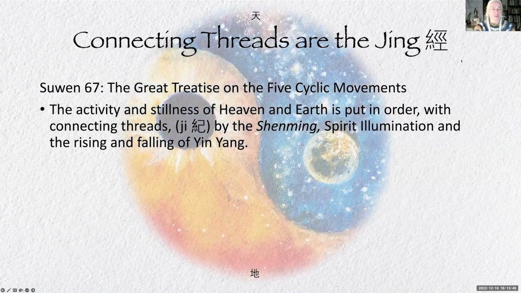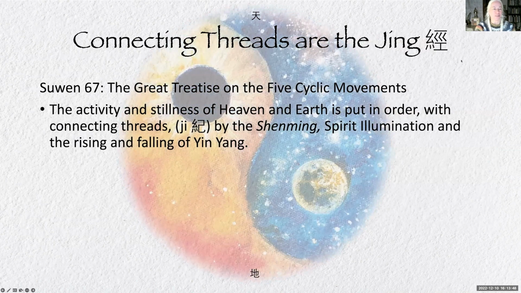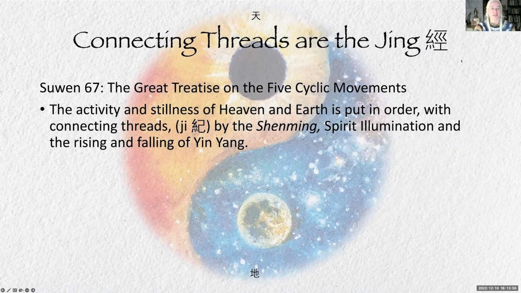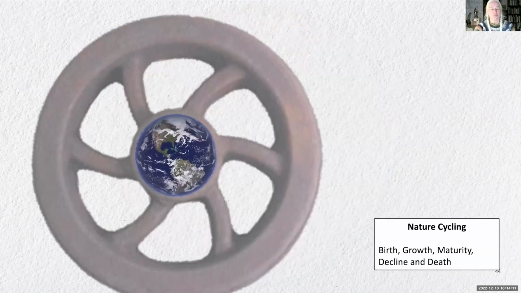So here, the great treatise on the 5 cyclic movements is chapter 67, and it says the activity and stillness of heaven and earth is put in order with connecting threads, these qi, by the Shenming, which is the spirit brightness or the spirit illumination, and the rising and falling of yin yang. So we have this cycling, and I have a wheel here. We see that the wheel has 6 spokes to it.